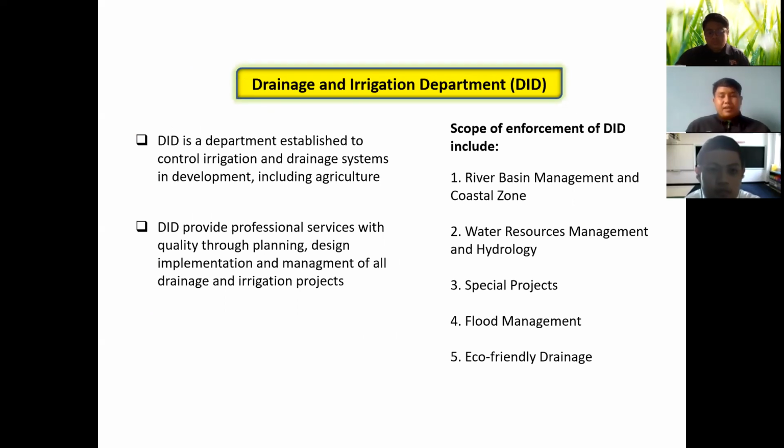Next, I want to explain about the Drainage and Irrigation Department, also known as DID. DID is a department established to control irrigation and drainage systems in development, including agriculture. DID provides professional services with quality through planning, design, implementation, and management of all drainage and irrigation projects.